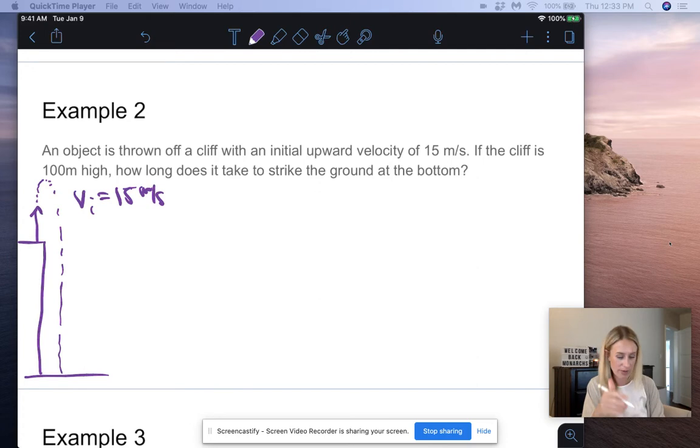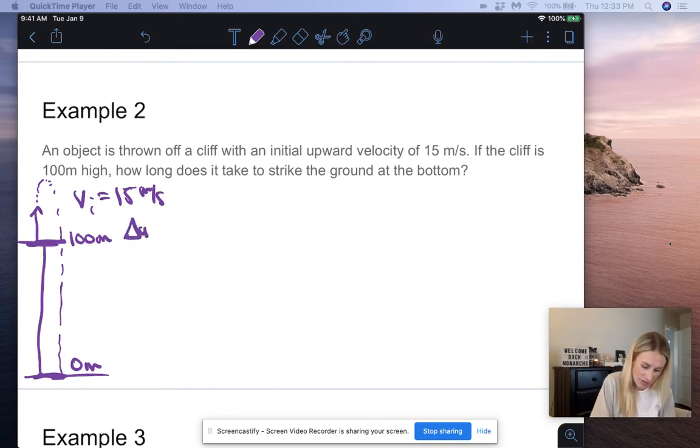Now, here's the tricky part. If I say that this right here is my 100 meters high, this is my 0 meters, which is the ground. My delta y here, my change in position, will be final position minus initial position. 0 is my final, because it goes to the ground. 100 is my initial.